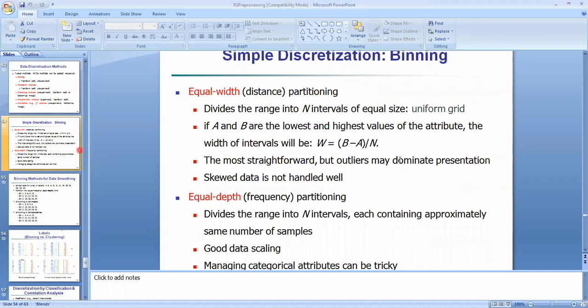Simple discretization is binning. Binning is of different types: equal width and equal depth. First we will see equal width, also called equal width partitioning.